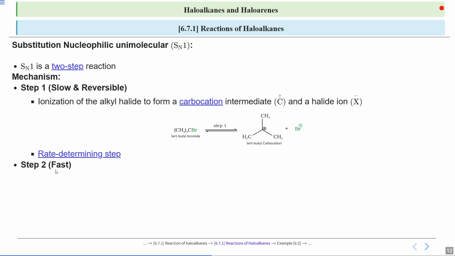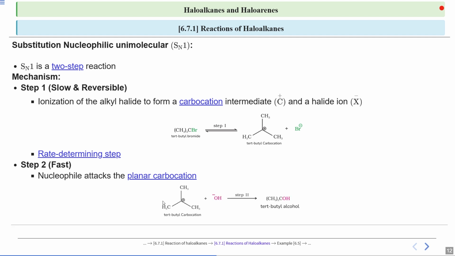Step 2 is a fast step, which includes the nucleophile attacking the planar carbocation. You got your carbocation in the previous step. Now the nucleophile is going to attack this carbocation, which is step 2, and it is a fast step. The attack of the nucleophile on the carbocation can happen from either side, and often results in a mixture of stereoisomers.